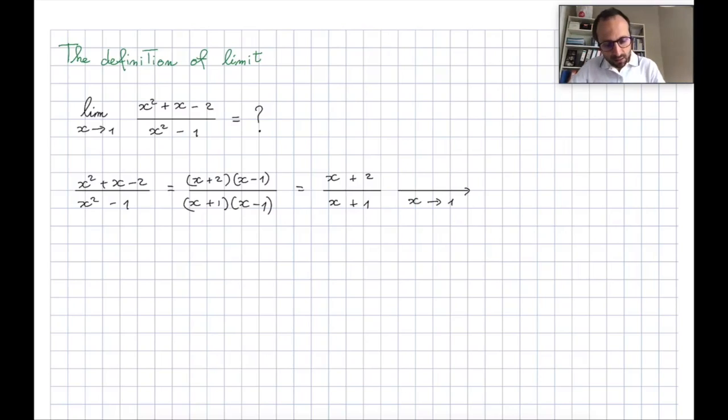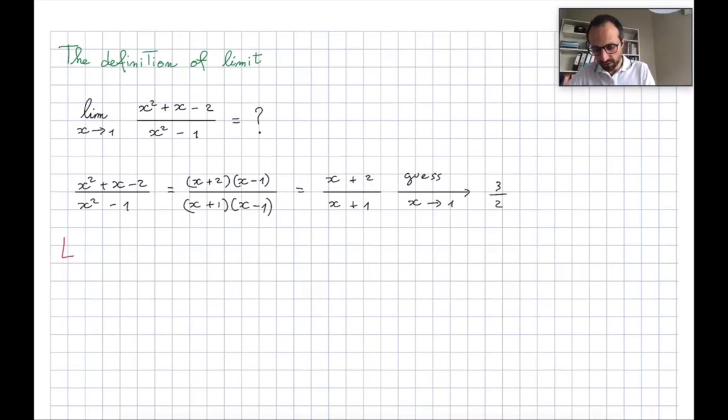Let me say that so far this is only a guess, because we pretend not to know the rules of limits. We just guess it, and we'll verify it in a rigorous way just below. As x goes to 1, the numerator goes to 3, the denominator goes to 2. And so we guess that the value of the limit is 3 over 2. Right. Okay, let's verify this.